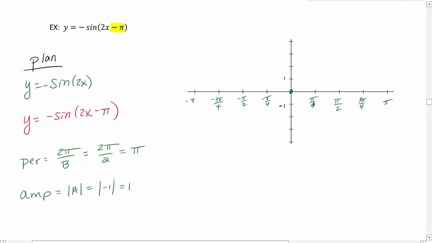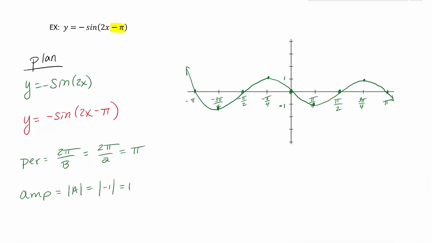I'm going to go down, and I've reached my minimum value, so now I need to come back up. Once I reach my max value, I come back down. And then we're going to repeat this pattern in the negative direction as well. And we connect our dots. And there we have the graph of y equals negative sine of 2x.